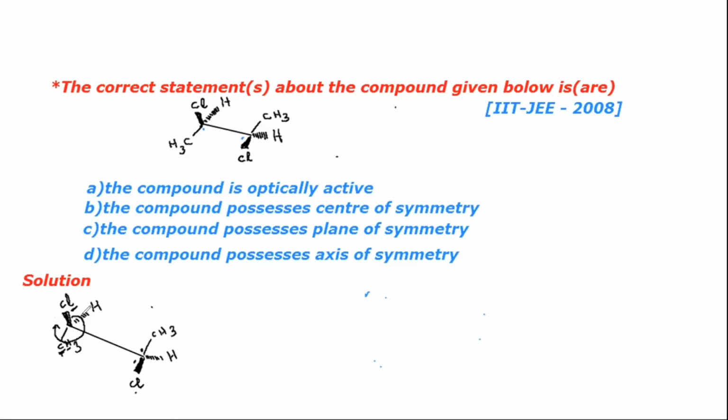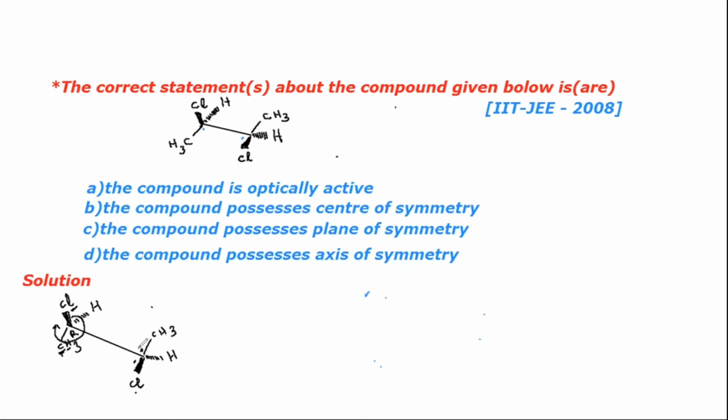Hydrogen is represented with dash lines, meaning it is kept away from the observer. Actually, to give RS notations, the least priority group should be kept away from the observer. That means shown with dash lines. So here hydrogen is shown with dash lines. Hence, for clockwise arrangement of 1, 2, 3 priority groups, we must give R notation. So this carbon has R notation.